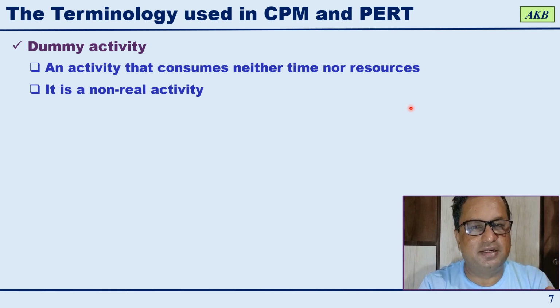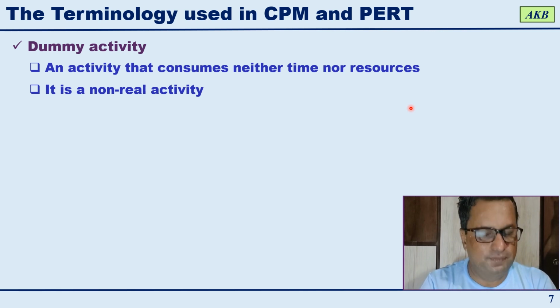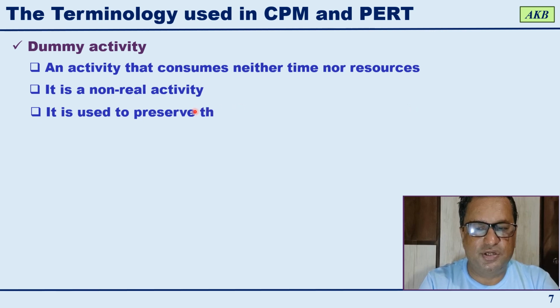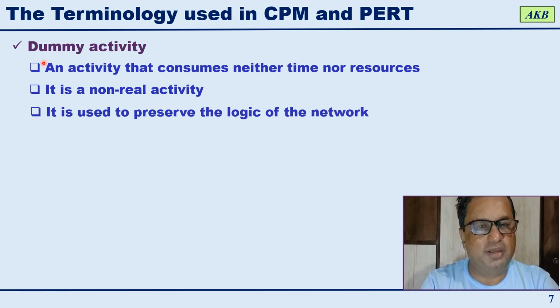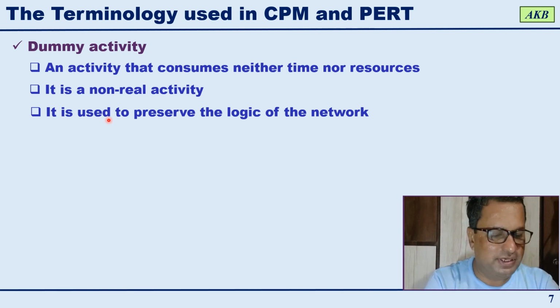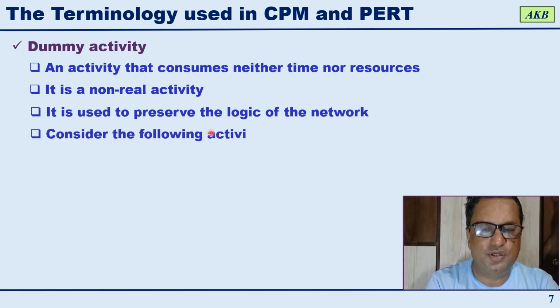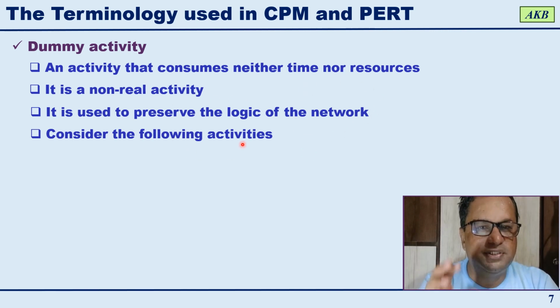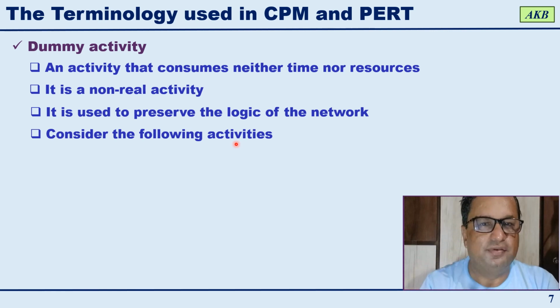Dummy activity is that activity which will neither consume time nor any resources. It is a non-real activity, so from the name itself, you can say it is non-real. But why is it used? It is used to preserve the logic of the network diagram. In order to make the network diagram look logical, we can use this dummy activity. But the point to remember is, dummy activity will neither consume any time nor any resources.